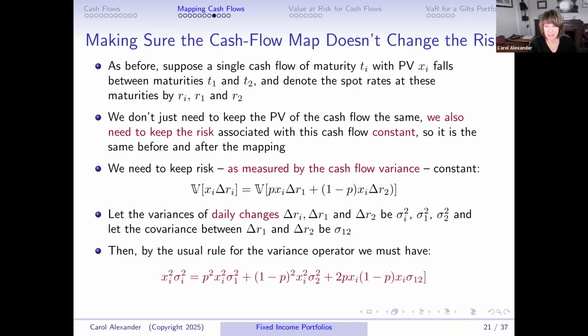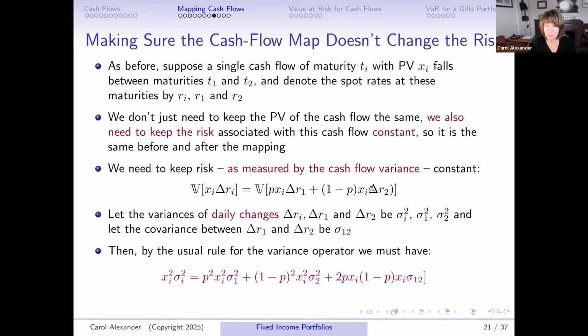Now, the mapped cash flow, where P goes to T1 and 1 minus P goes to T2, means that of the total present value, proportion P goes to T1. The amount of present value is P times Xi. That's what you're going to map to T1, and then the rest, 1 minus P times Xi of that present value, is mapped to T2.